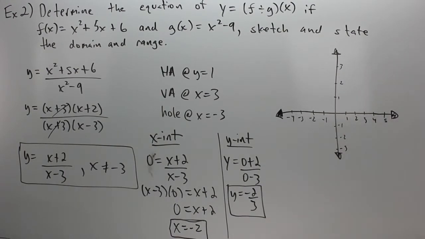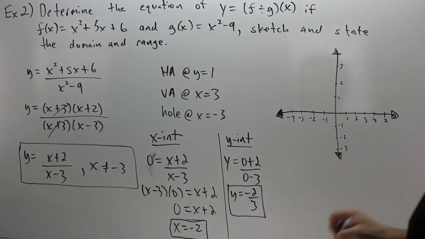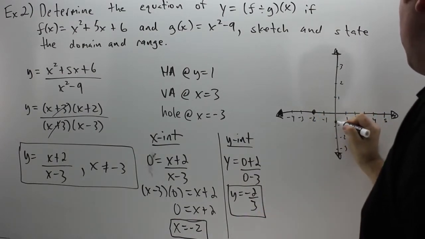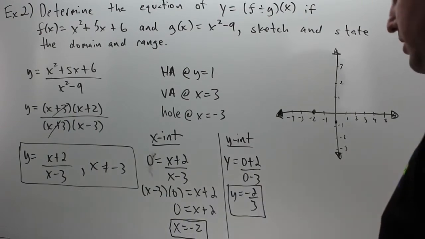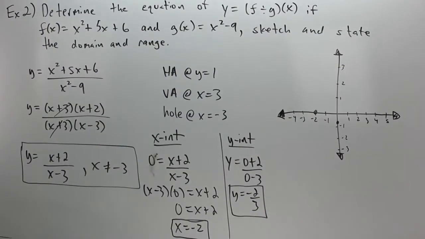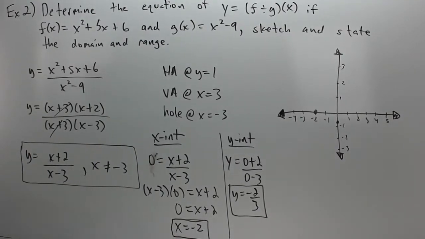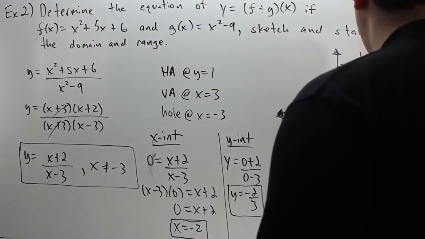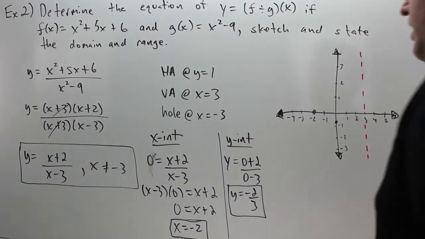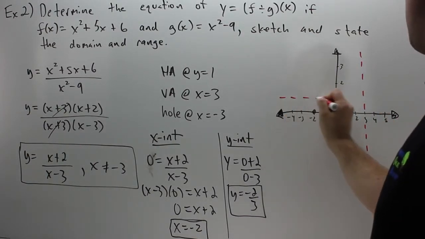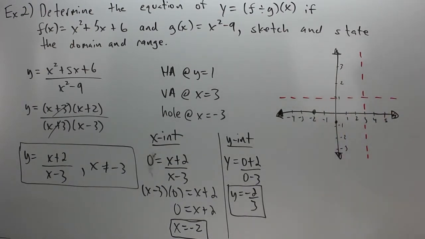Alright, I'll plot my points first actually. I have negative 2 on my x and negative 2 over 3 on my y. And then I'm going to put in my asymptotes here, so I have a different color marker. I have my asymptotes at x equals 3, which will be right here, and at y equals 1, which would be right here, like so.